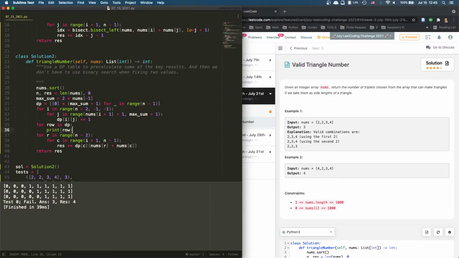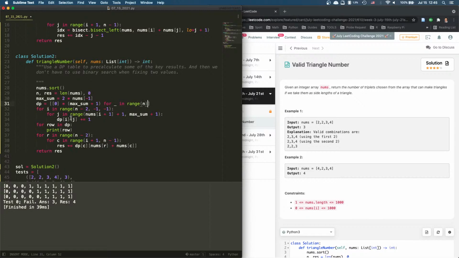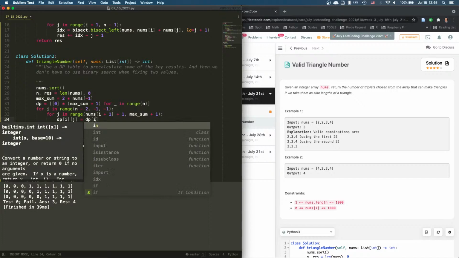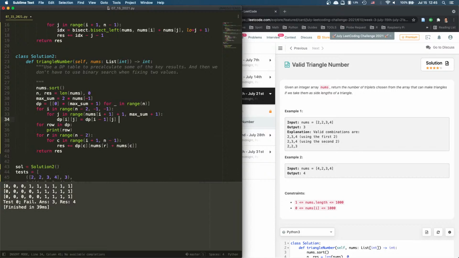That is not correct. So I'm going to do this, range n, right? So I can say dpij equals dp i minus 1 j plus 1. Let's see.